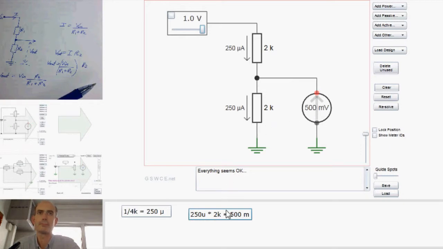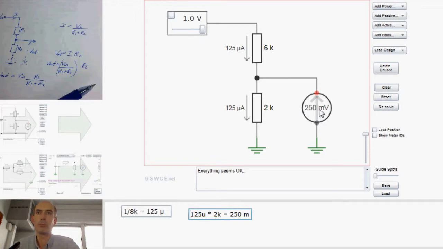Okay, supposing we change this resistor so it was 6K. Now, the total resistance between the 1 volt here and ground is 6 plus 2, that's 8K, so 125 microamps flowing. Fine. And the output voltage would be 125 microamps times the 2K, 250 millivolts.